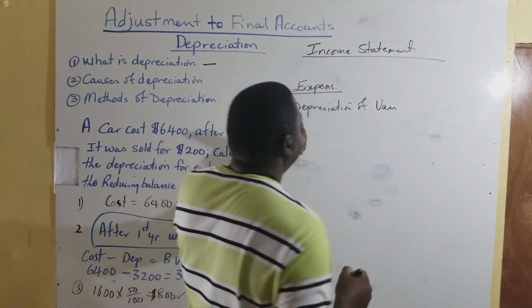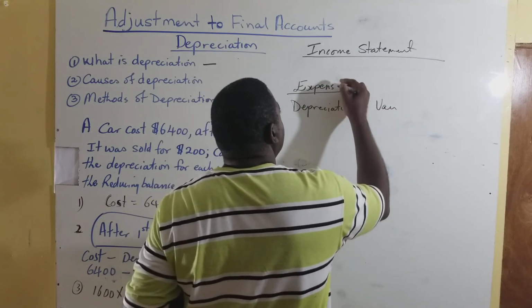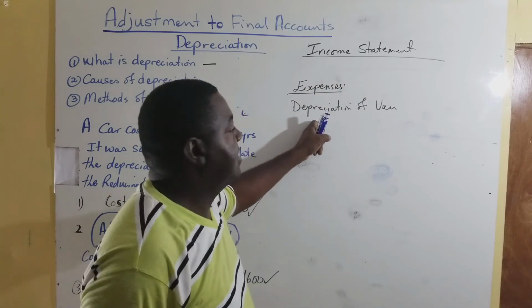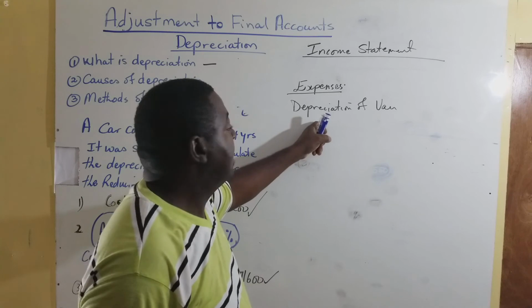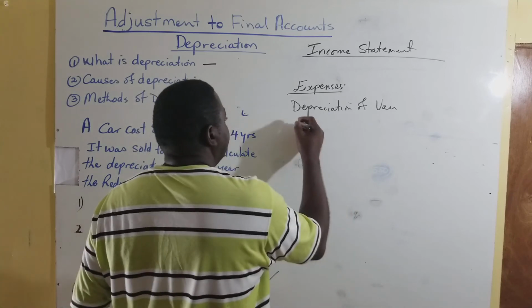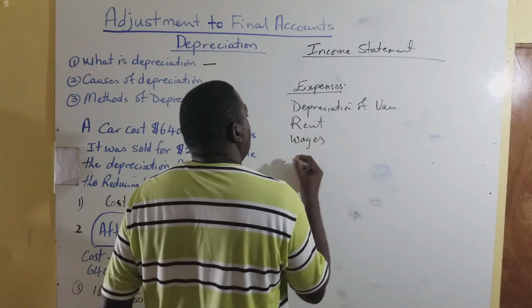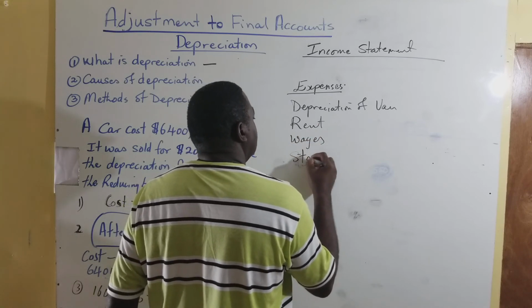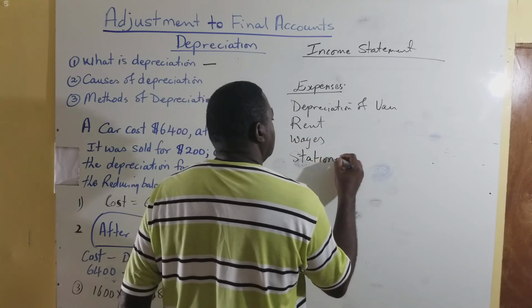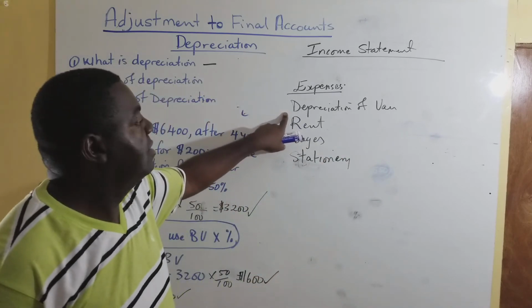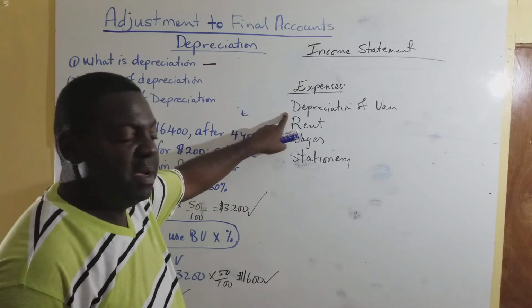So it is a part of the expenses. It is calculated as a part of the expenses such as rent, wages, stationery. Alright, so depreciation is included in the expenses.